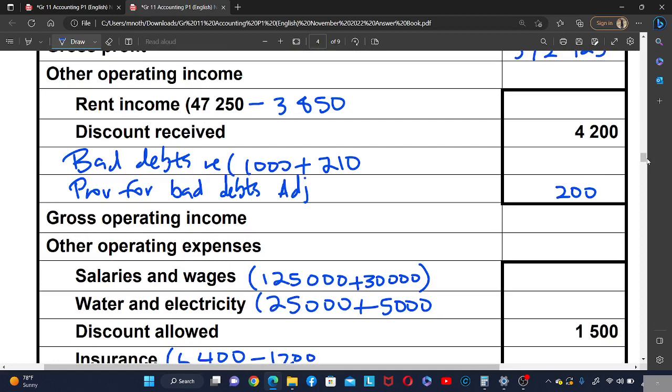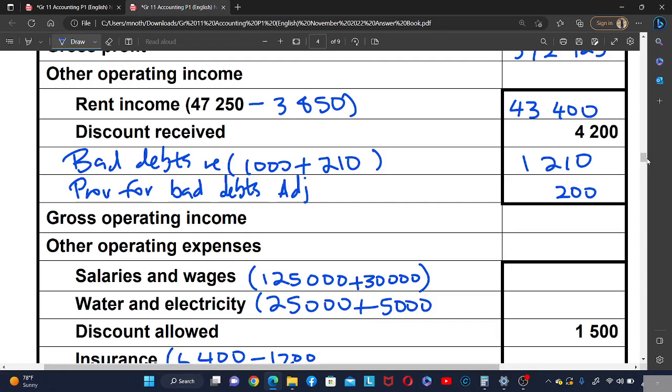Right? Rent income, this is going to give you 43,400, and then the bad debt recovered, it is 1,210.